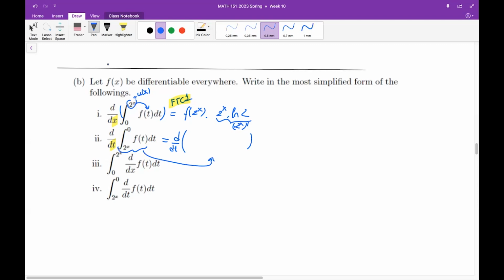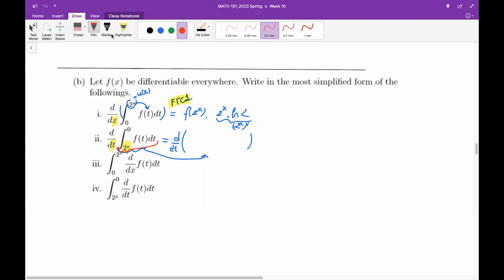So tell me, the result of this integral depends on which variable? Can you see 2 to the power x here? So after taking the integral, you will insert for t first 0, then 2 to the power x, and you will take the difference, right?